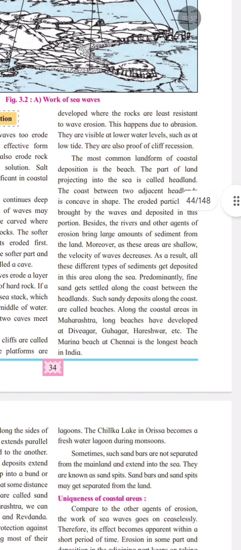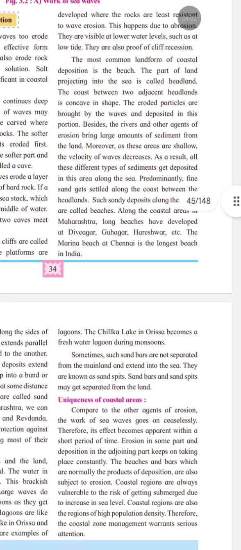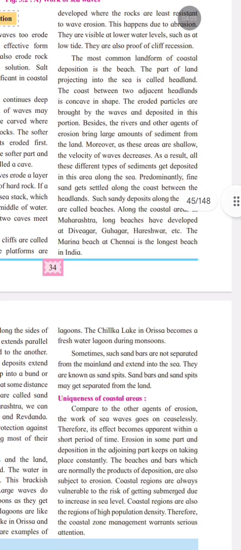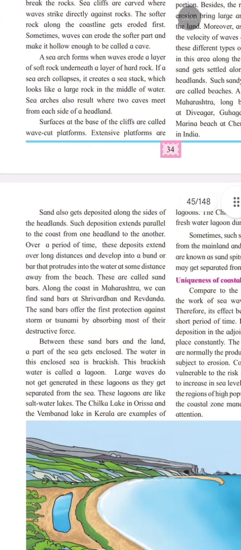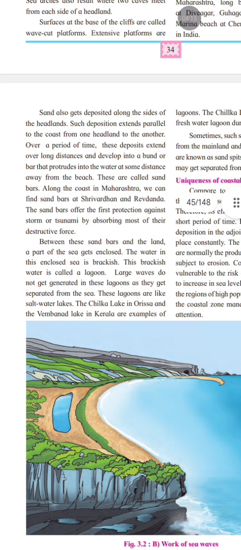Examples you can see in Maharashtra include Diveagar, Guhagar, and Harihareshwar. Marina Beach in Chennai is the longest beach in India. Next is the sandbar. Sand can also accumulate along the sides of headlands. Over time, these deposits extend parallel to the coast and form a long ridge of sand projecting into the sea.